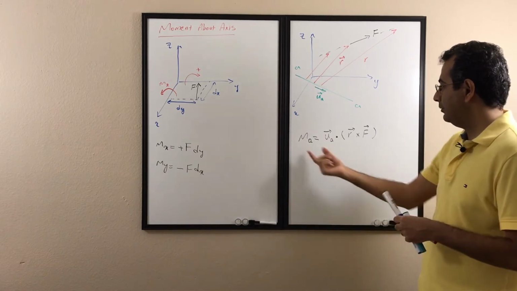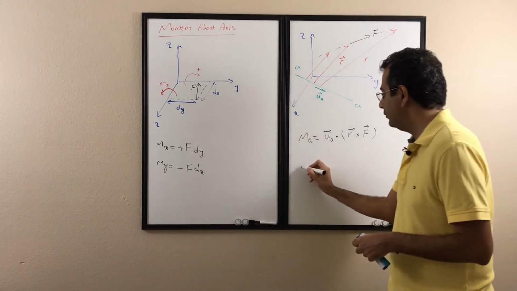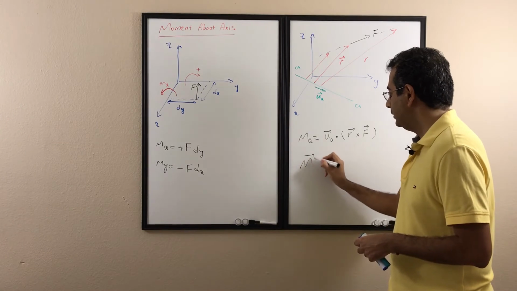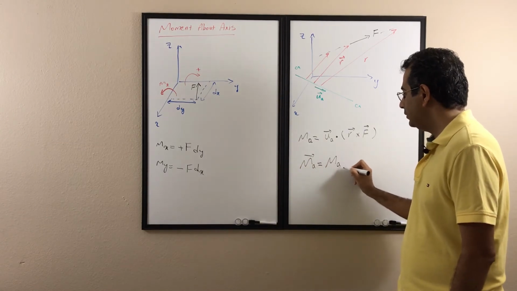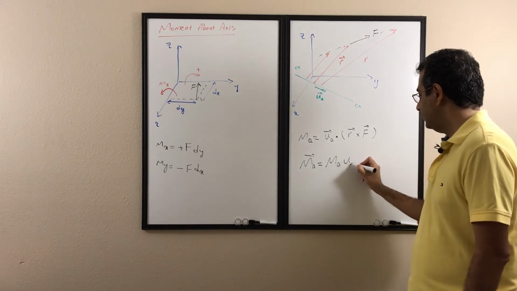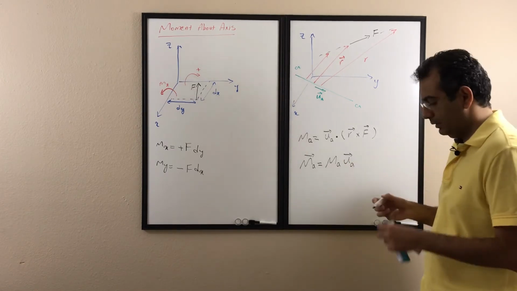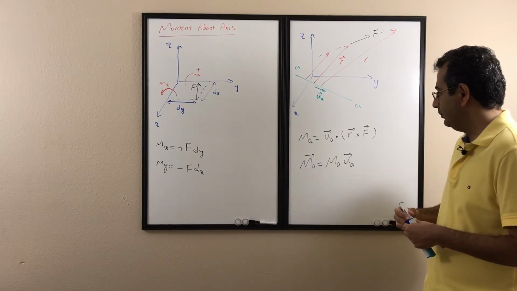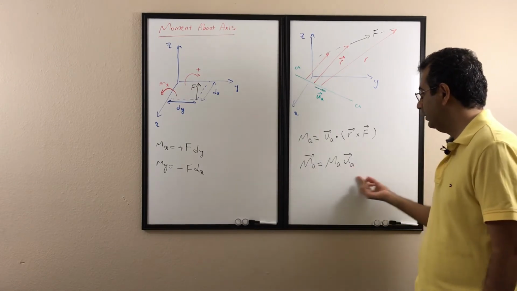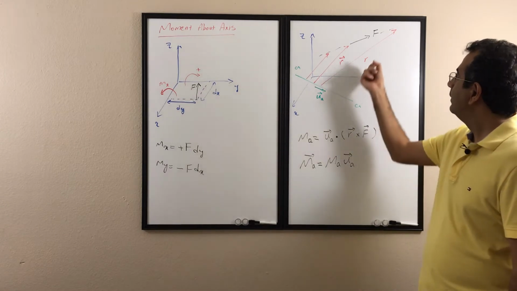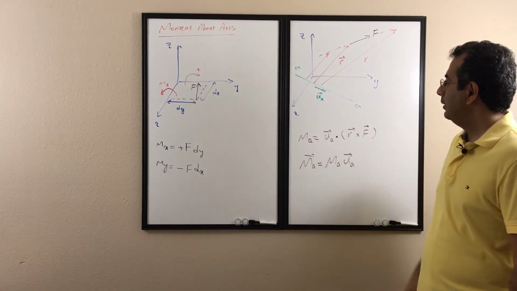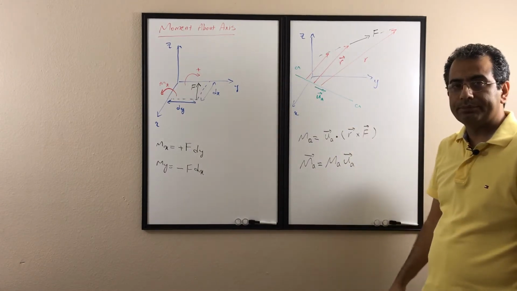So after we calculate the magnitude, to get the vector of moment about axis A, just like before, it is the magnitude times the unit vector along that axis. So we can get the vector format of the moment of F about axis A like that.